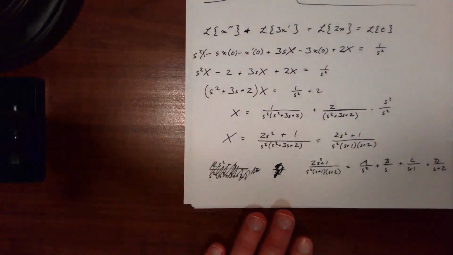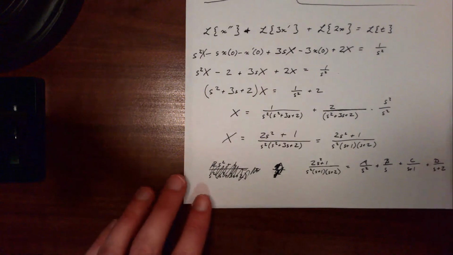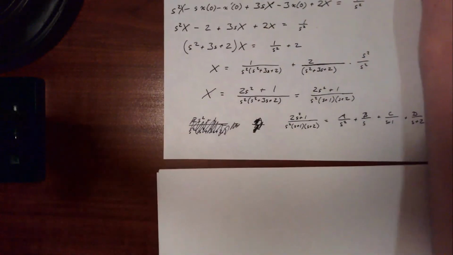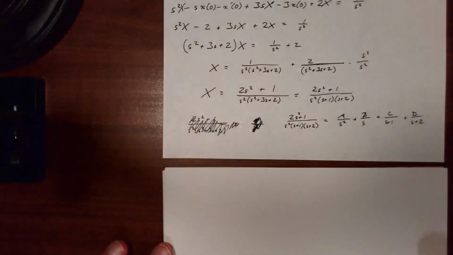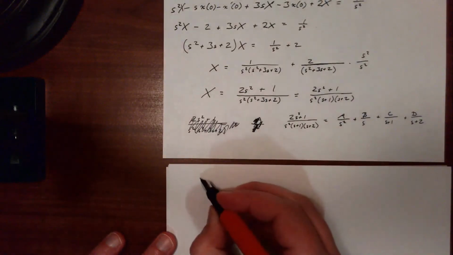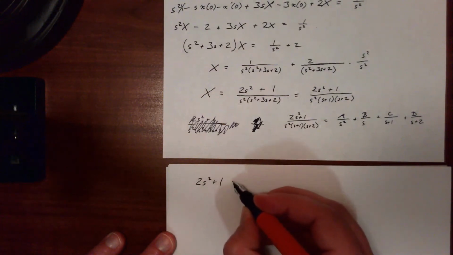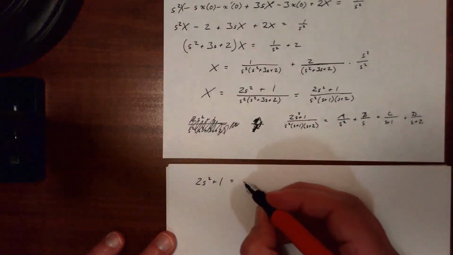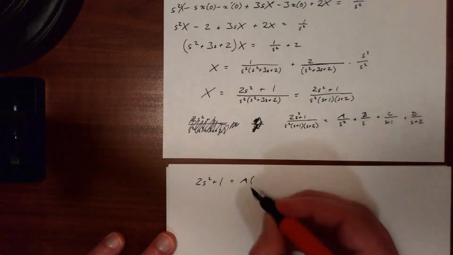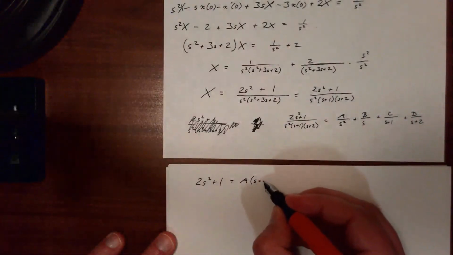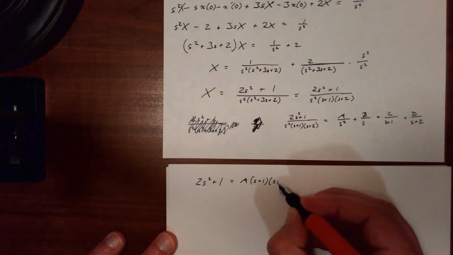All right, so now what is that going to give us? If we multiply everything by what it takes to clear away all the denominators, we're going to have 2s squared plus 1 is equal to a times (s plus 1)(s plus 2).